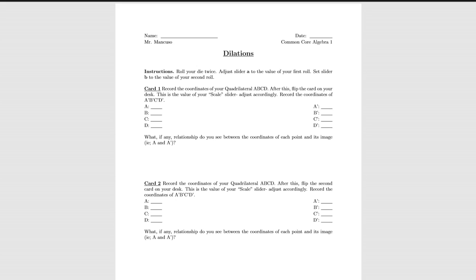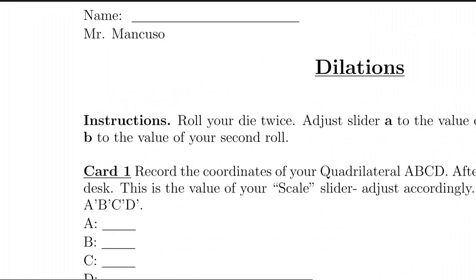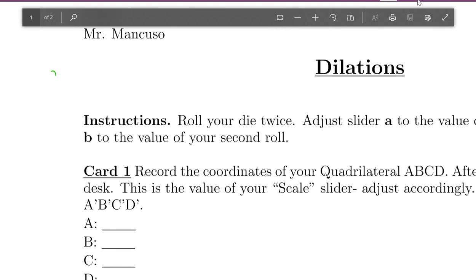Well, I'm not expecting you guys to do that because then your answers will look different than mine. So let's just pick two numbers. Let's say A will be 3 and B will be 2.